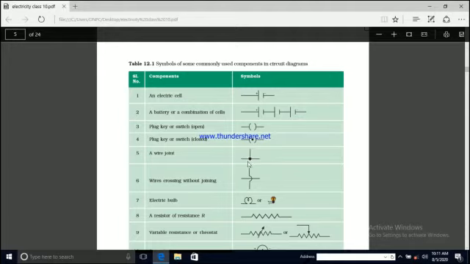This dot represents that there is a wire joint, or a connection. And the next one is wires crossing without joining. If two wires are simply lying over one another without any joint, that is represented just like this.